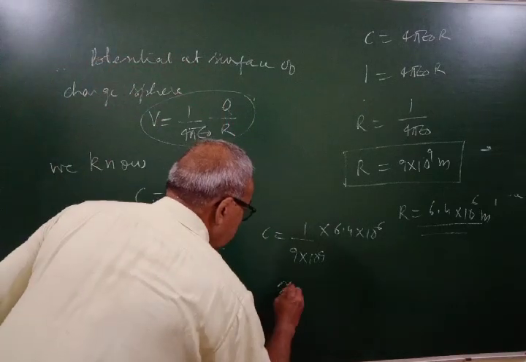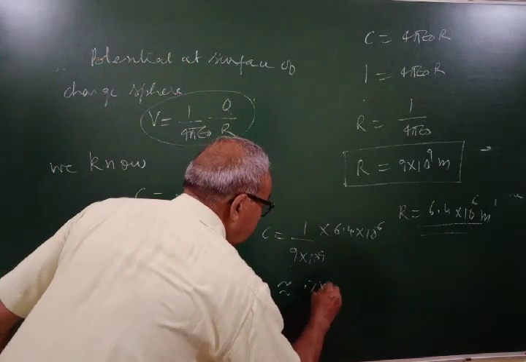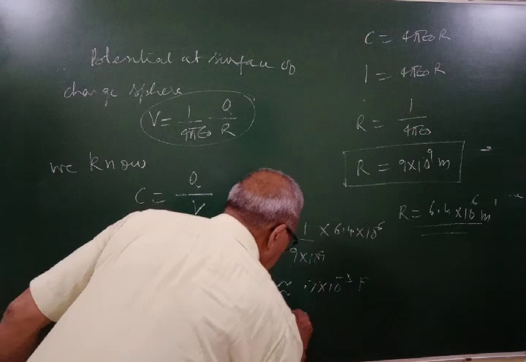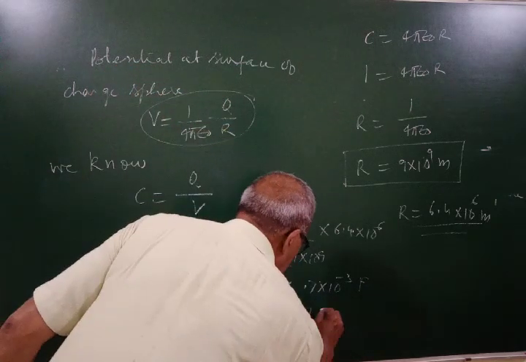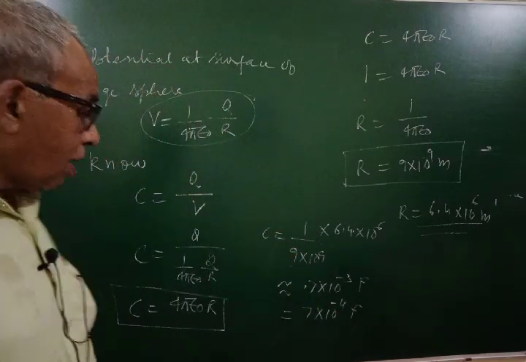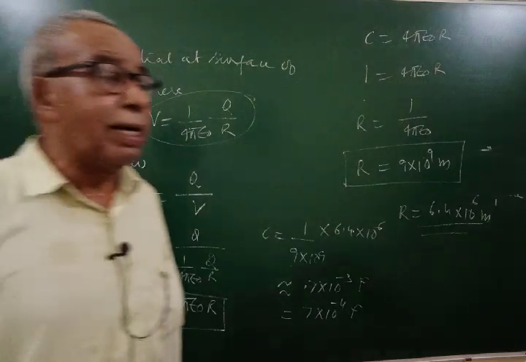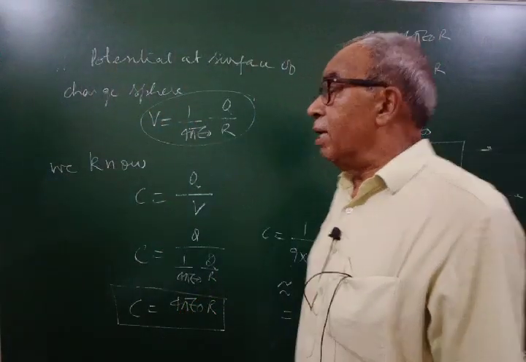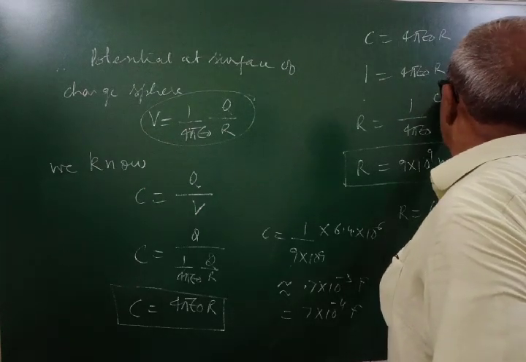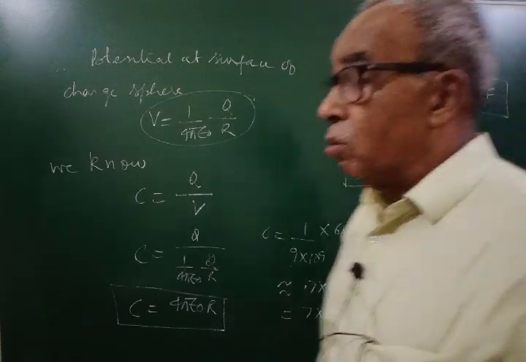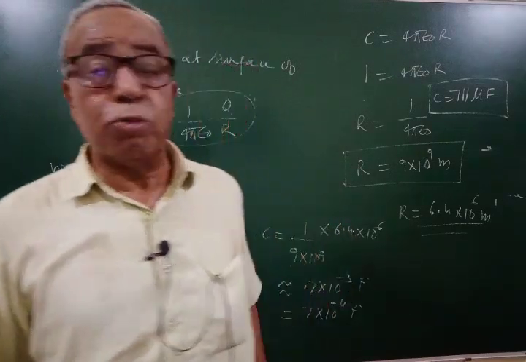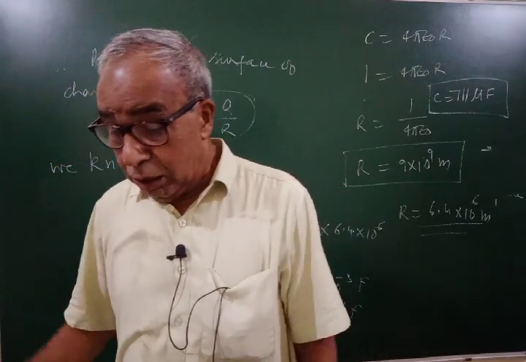So nearly 0.7 times 10 to the power minus 3 farad, or 7 times 10 to the power minus 4 farad. If you convert to microfarad, it is nearly 700, exactly 711 microfarad is the capacitance of earth. So big. So that way I have proved here that farad is a very big unit of capacitance. So we use smaller units.